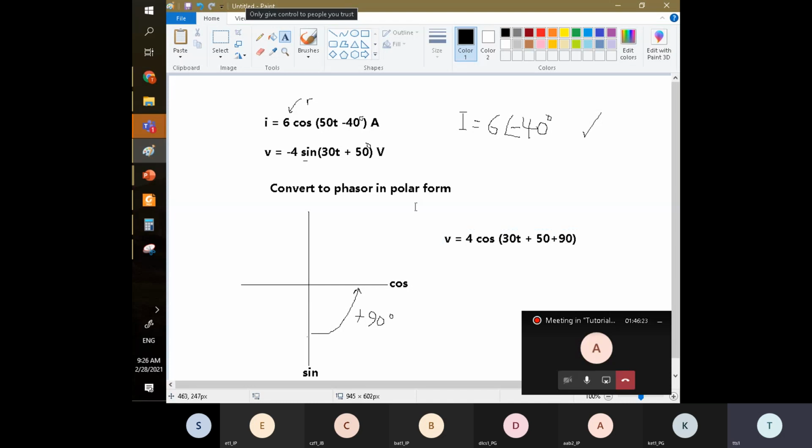So the answer is V is equal to 4 at angle of 140. Okay, I hope you can using this method we learned to convert this one to phasor.